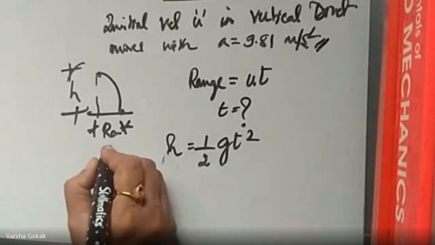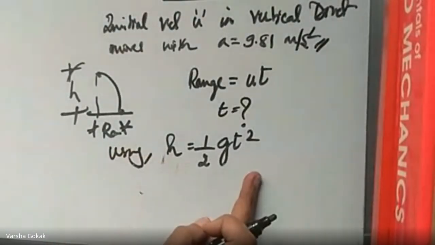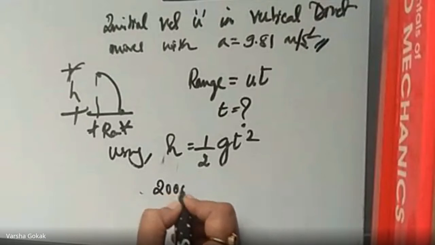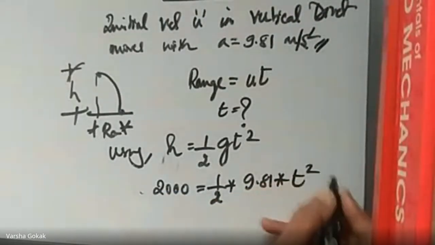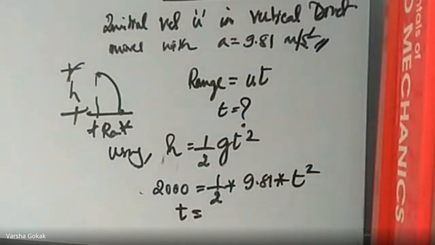Using H equal to half G T square, H is 2000 equal to half into 9.81 into T square. Get me the value of T, please.